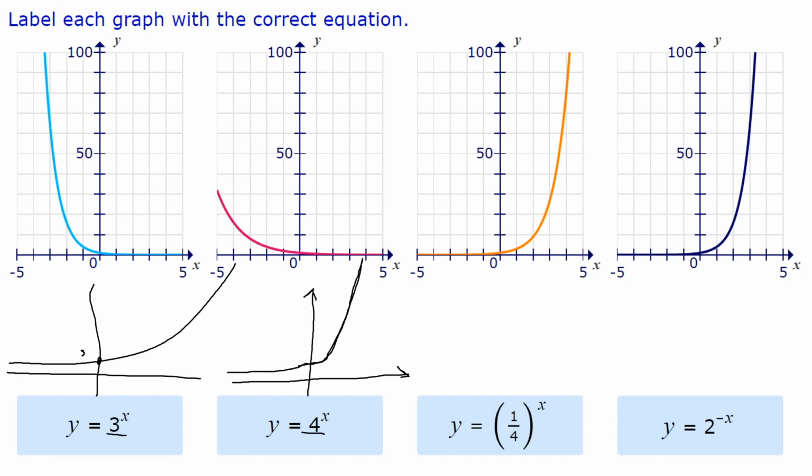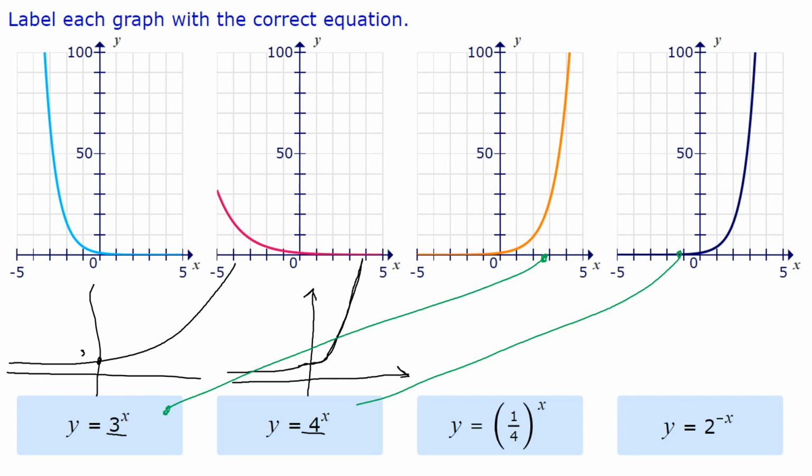So what we can say with reasonable certainty, using this logic, is which one was steeper, would you guys say? The one on the left or the one on the right? I'd say the one on the right is slightly steeper. So this one will be 4 to the x, and this one will be 3 to the x.